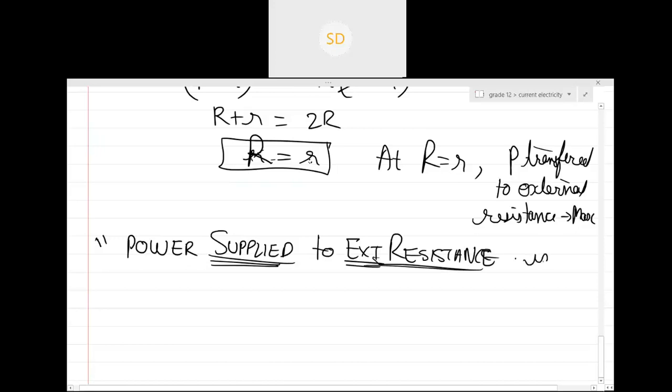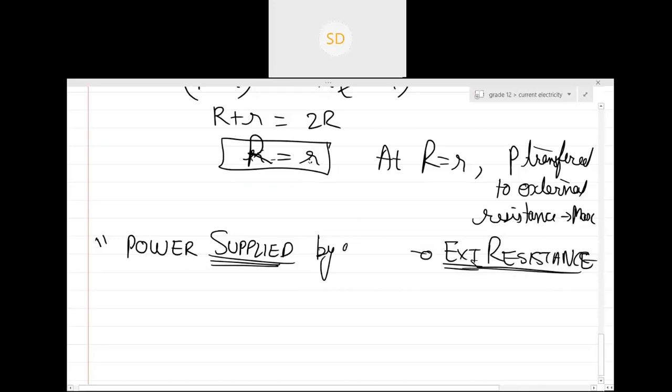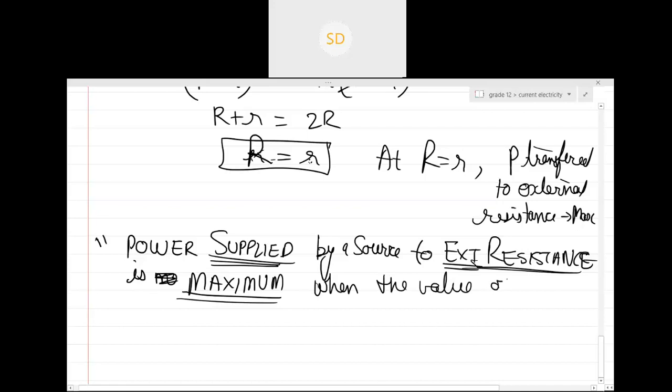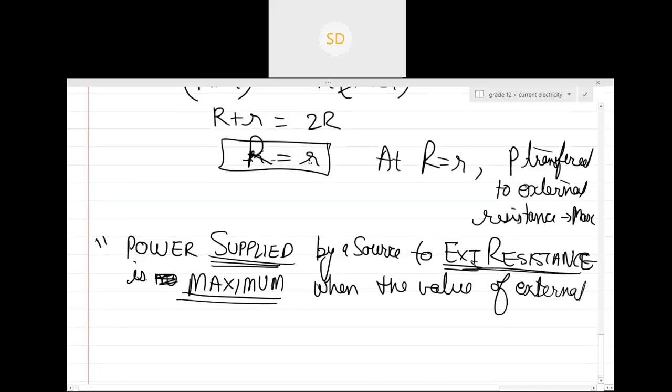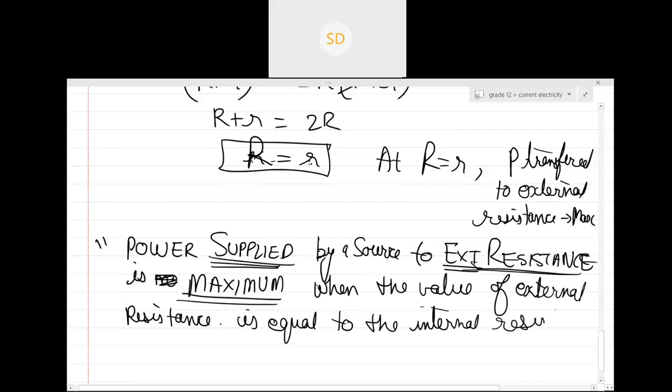Power supplied by a source to external resistance is maximum when the value of external resistance is equal to the internal resistance of the source.